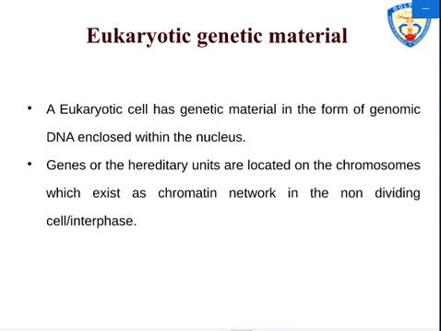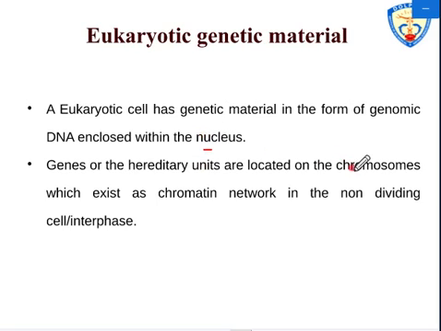Now, as against the prokaryotic genetic material, eukaryotic genetic material is made of linear double-stranded DNA molecules, and they are present enclosed within the nucleus. They are present in a compartment, and that compartment is the nucleus.